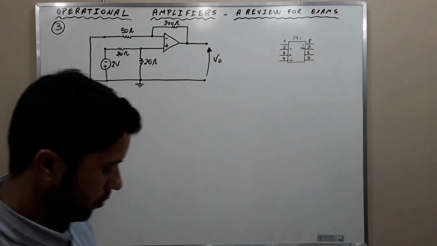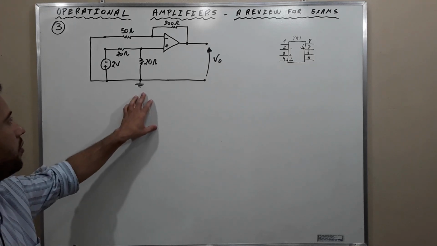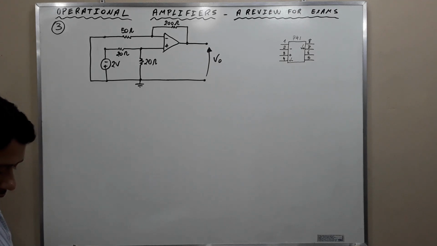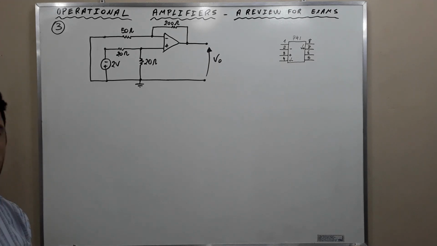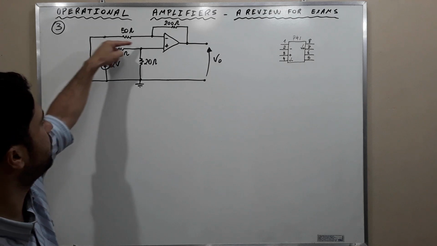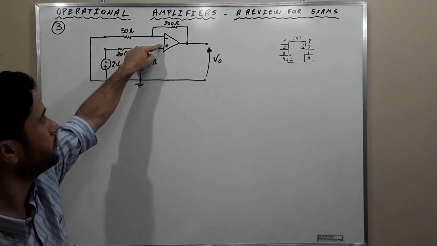Exercise number 3. What is the output voltage of the following amplification circuit? And this is the circuit that we are going to work on now. Let's go to the solution, my friends. Observe that the signal is entering through the non-inverting terminal here, okay?